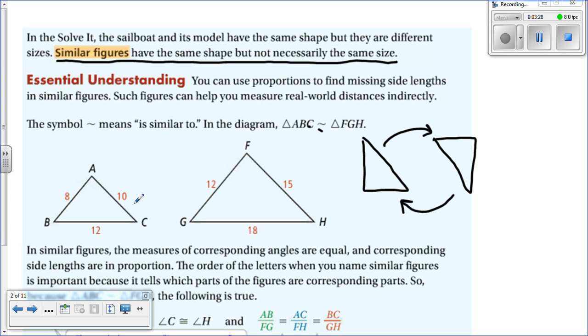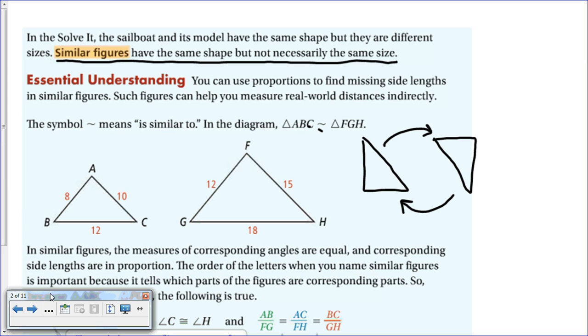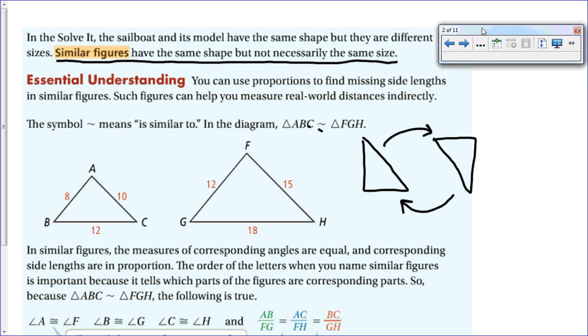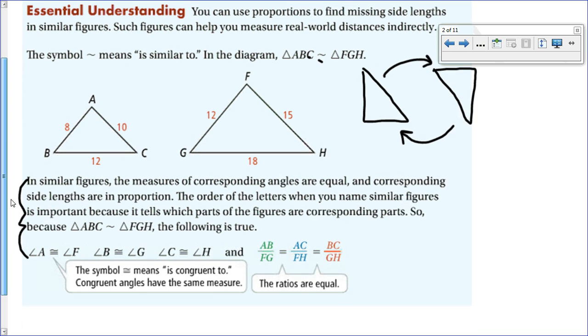All right, so we're going to look at this down here. And I want you to write all of this down as well. Pause the video if you need to do that. What this says is that in similar triangles, all the corresponding angles are congruent to each other.